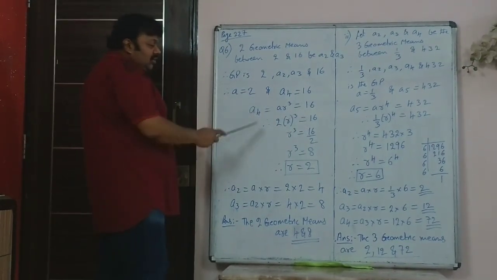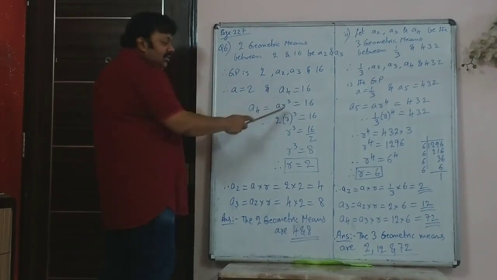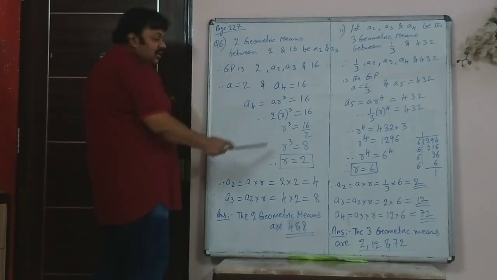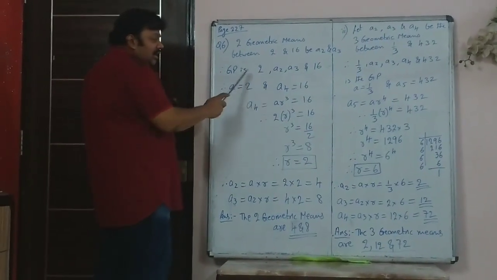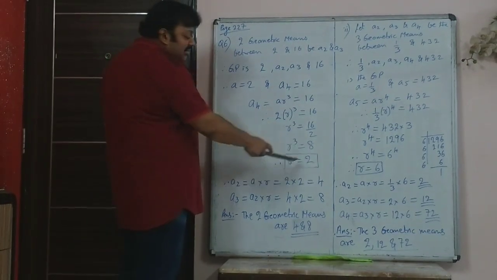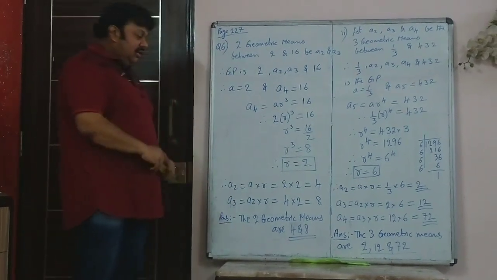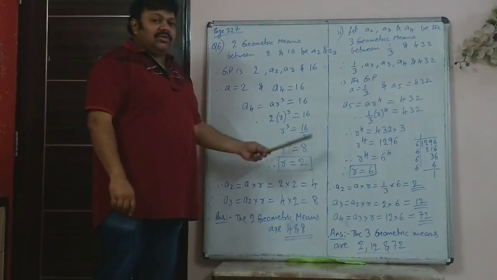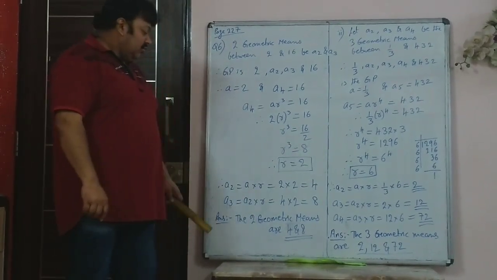So the fourth term is AR raised to n minus 1, so it is AR raised to 3, so that is 16. A you already know it's 2, so R cube is 8, but 2 cube is 8, so R is 2.